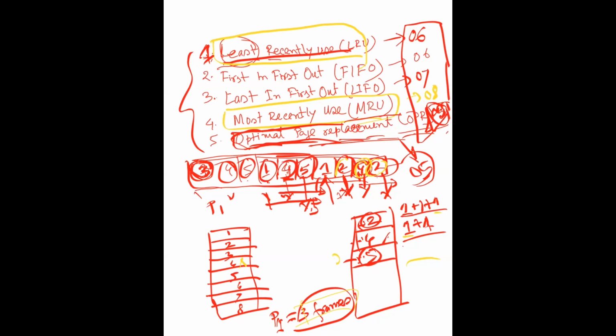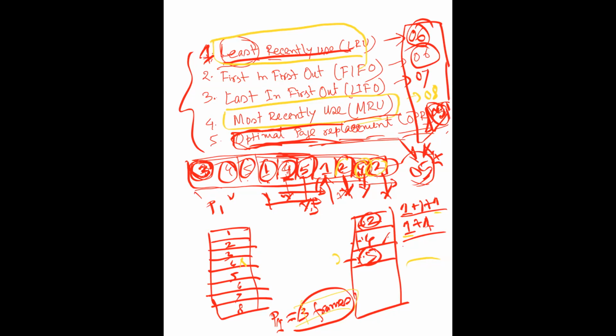In the case of this page sequence, you see that OPR provides you a total of 5 page faults, and then LRU and FIFO give you 6 and 6, total 6. Actually, it is very close to the OPR algorithm, least recently used, and also FIFO.